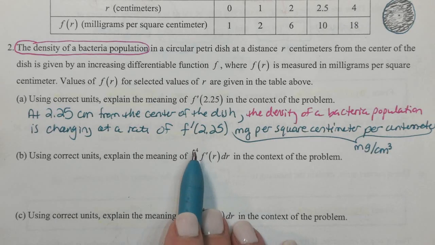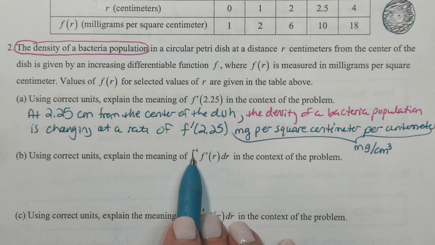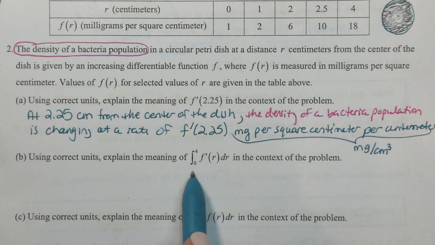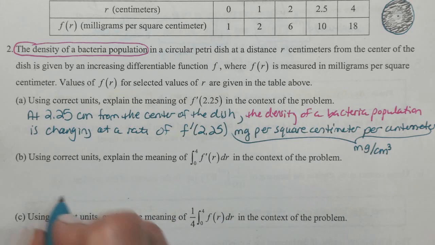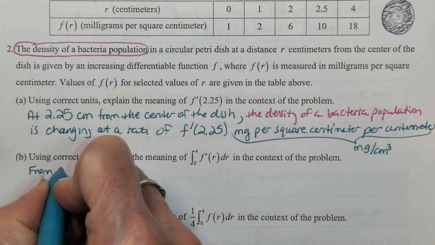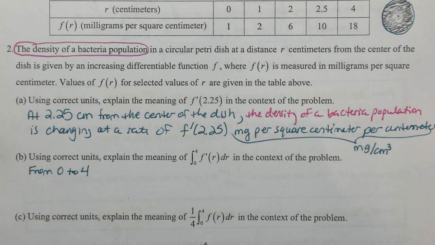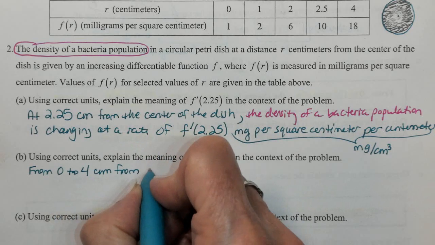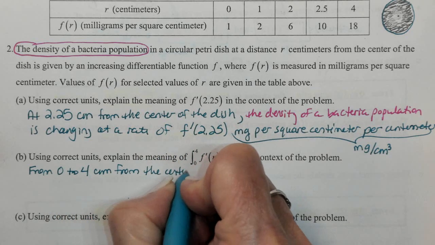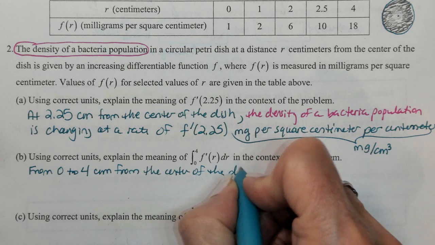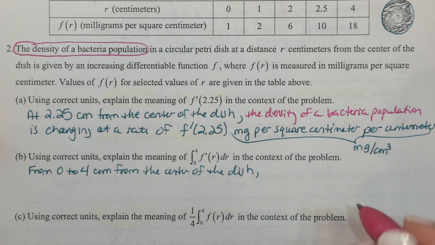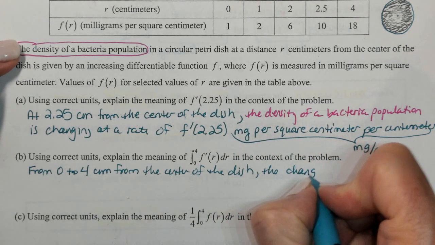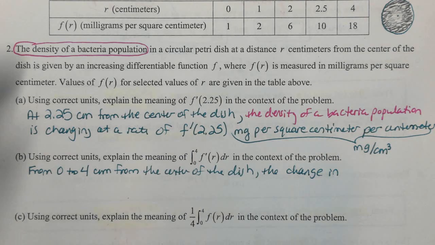All right, using correct units, explain the meaning of this now. Okay, this is the integral of f prime. We know it gives us back f. So this is the change in f. So from 0 to 4, and what's the meaning of that 0 to 4? Centimeters from the center of the dish. The change in f, but we don't say f, we give the meaning of f.